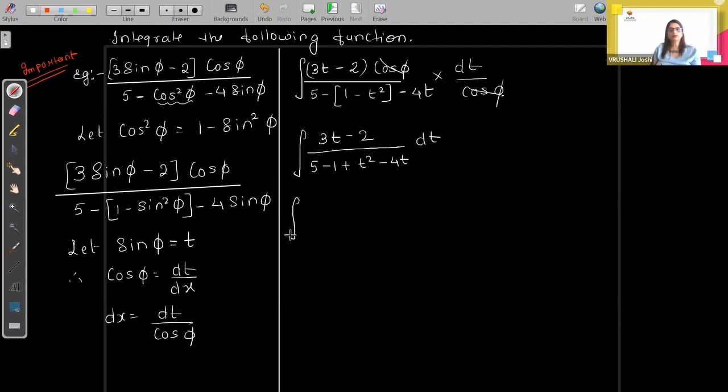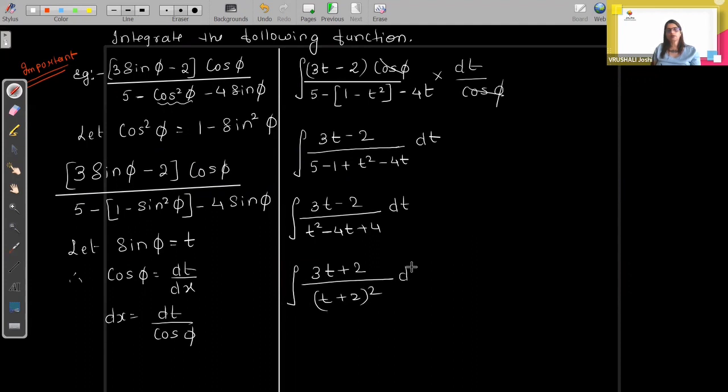That is integration of 3t minus 2 divided by 5 minus 1 will get you 4. So you have actually t square minus 4t plus 4 dt. So now the denominator is very easy, because you have this as t plus 2 the whole square dt. Perfect.